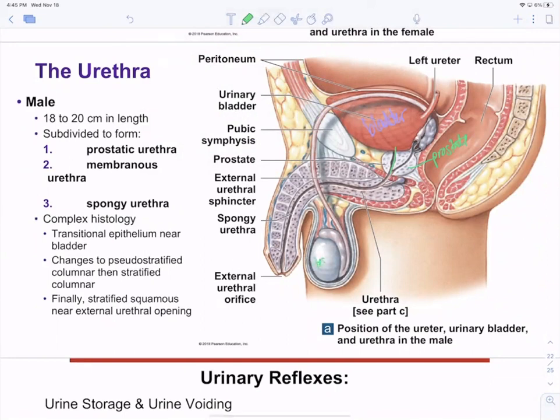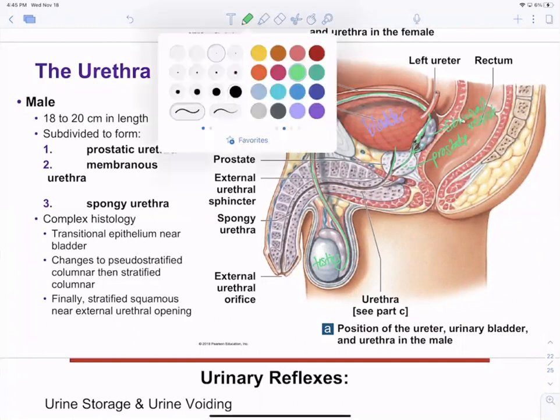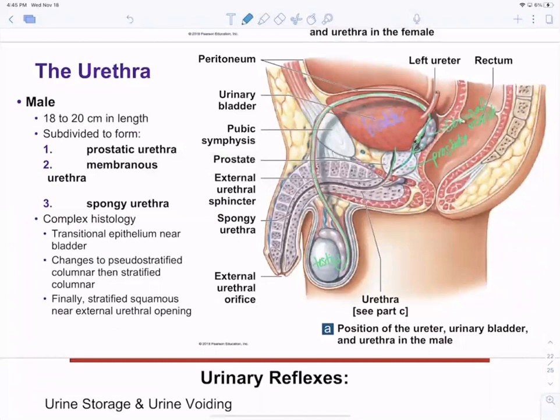So here is the testes, and you have the vas deferens, which is where vasectomy gets its name, comes all the way from outside on top of the urinary bladder, and it merges with the seminal vesicle to become the ejaculatory duct here. And that ejaculatory duct here is going to merge with the prostatic urethra. And then it just becomes one urethra, the spongy urethra, out. One opening, as well as the rectum.